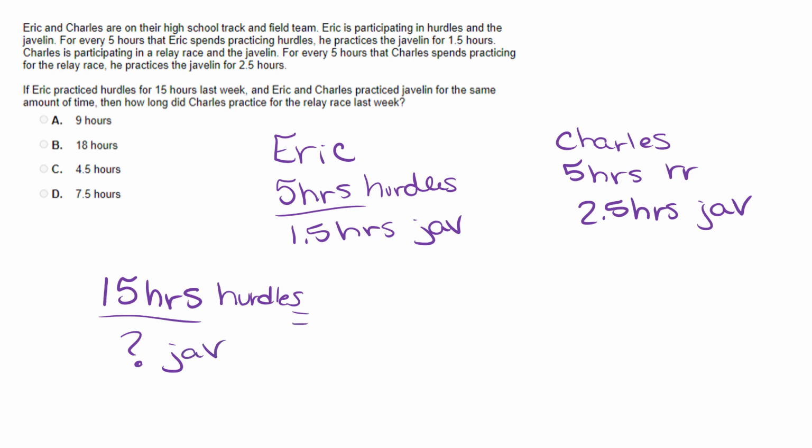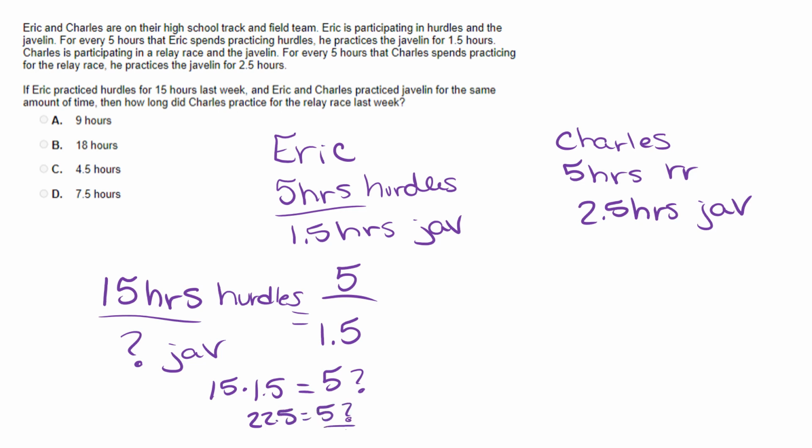So we've got to start there. So we have 5 and 1.5. Okay, so we're going to cross multiply. 15 times 1.5 equals 5 times our question mark. So 15 times 1.5 is 22.5.